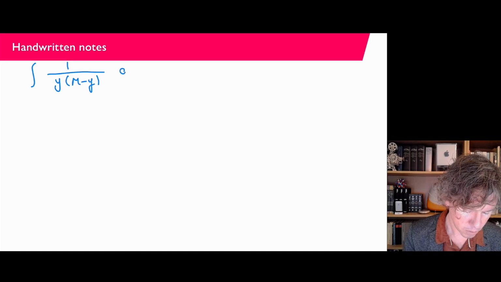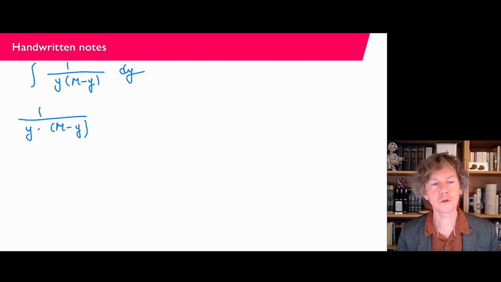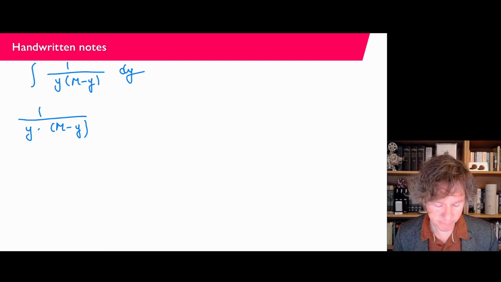So in order to find this integral, what I need to do is the following. I want to, so this is like one fraction. I want to make two of them that are simpler.